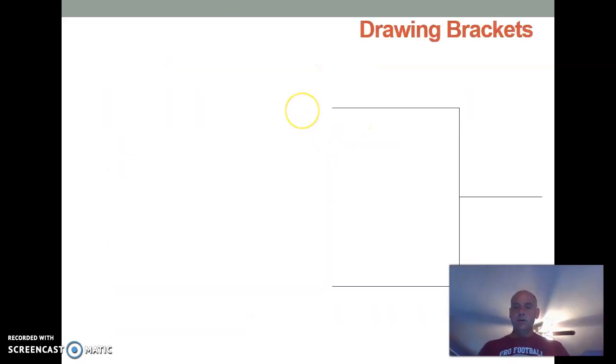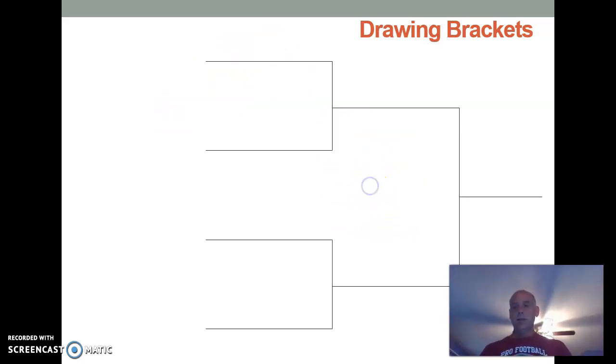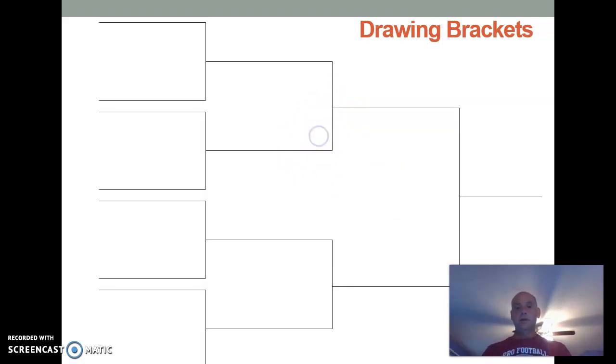Okay, when we talk about drawing the brackets, it comes back to thinking about the powers of 2. In this case, this is just 2 to the 1st power, which is just 2 teams. Now we've gone up to 2 to the 2nd power, and we have 4 teams. 2 to the 3rd power, we have 8 teams.